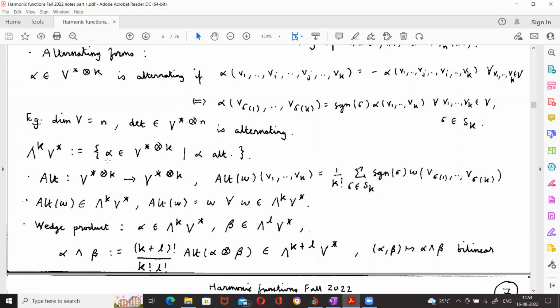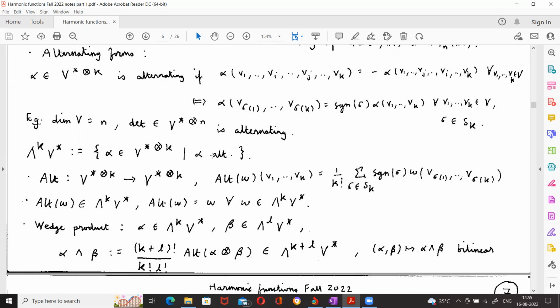Okay. So in general, we're going to define wedge k of V star. This is going to be the vector space of alternating k tensors. Okay. So alpha in V dual tensor k such that alpha is alternating. So note that this is a subspace of the space of k tensors. Okay. So there's just a little point of linear algebra to mention here.